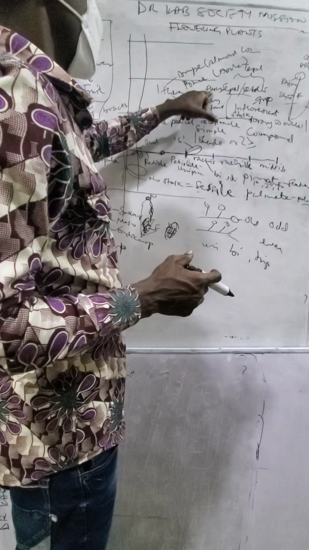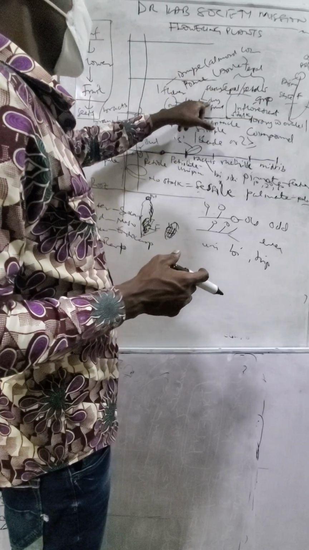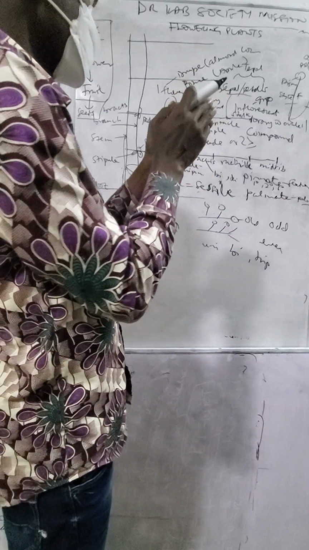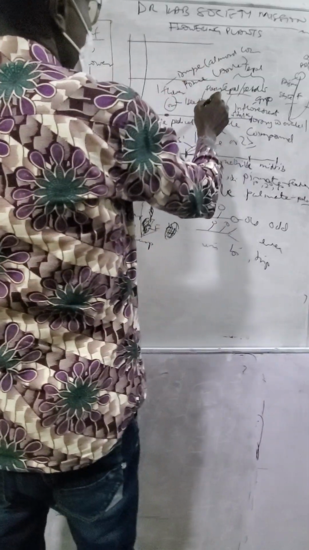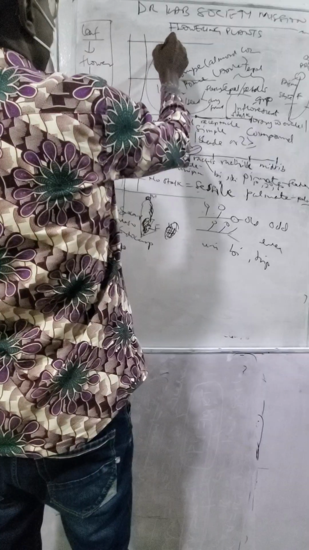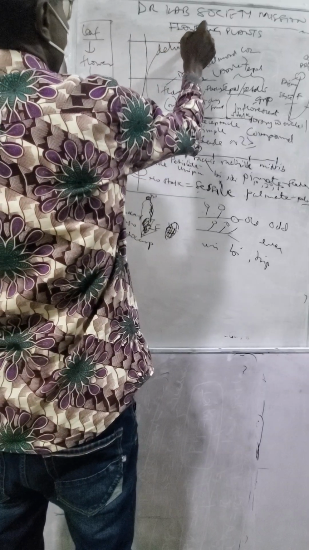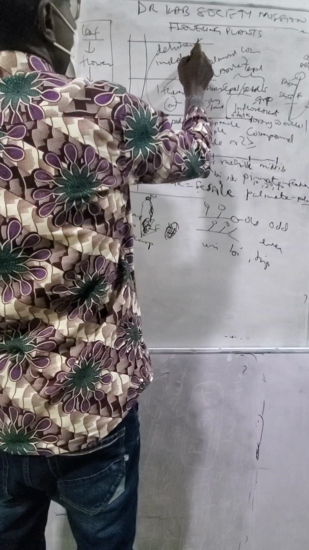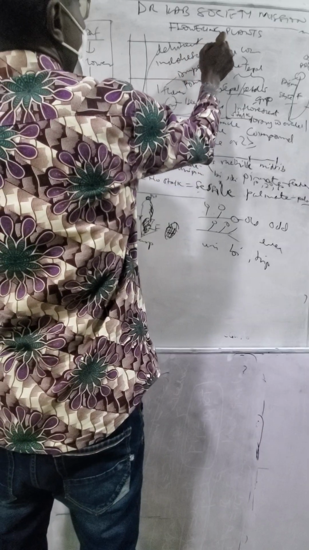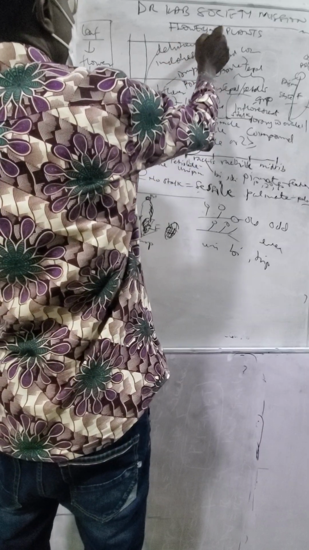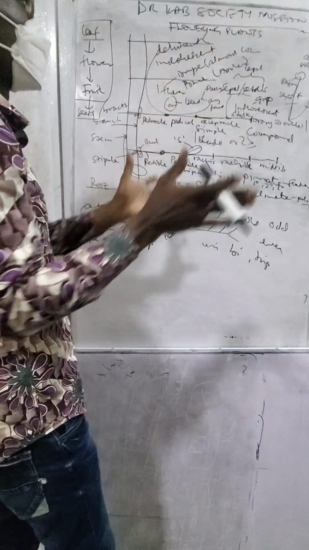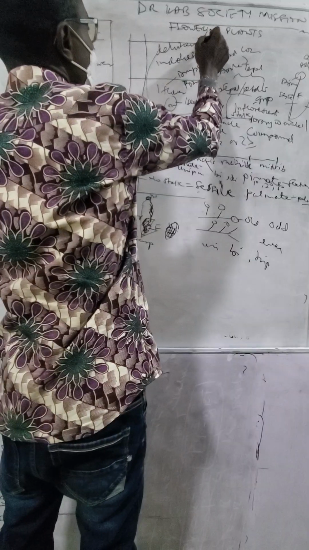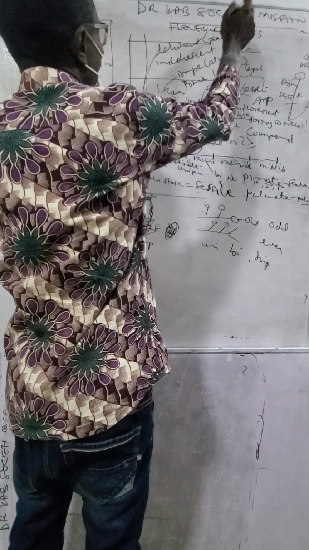The fleshy will be juicy, the dry ones do not have juice, and we also classify the dry ones as dehiscent or indehiscent. Dehiscent ones are dry, so they can burst open to throw their seeds, like the peanut, groundnut, and so on.